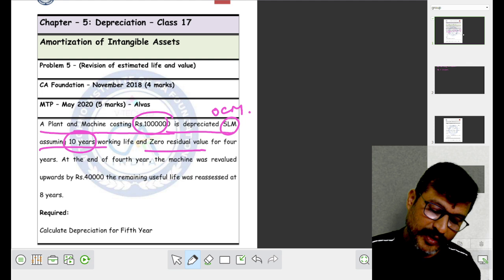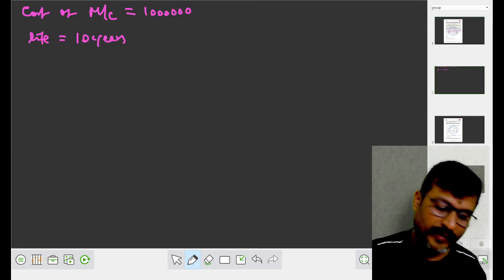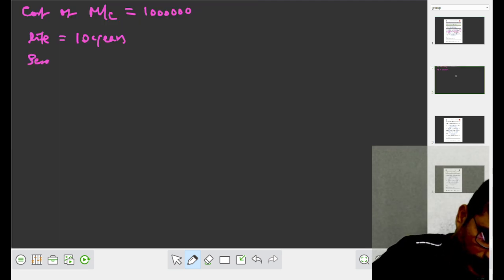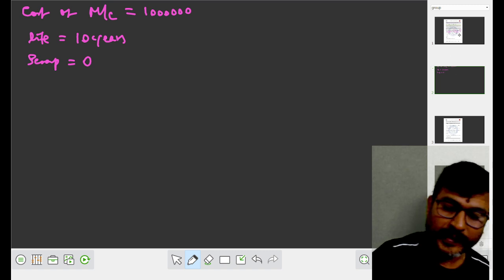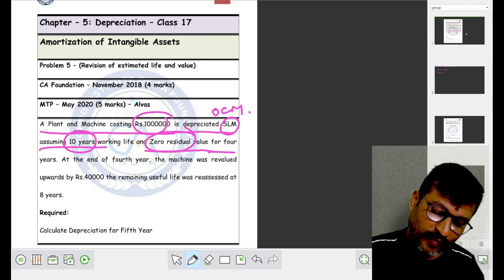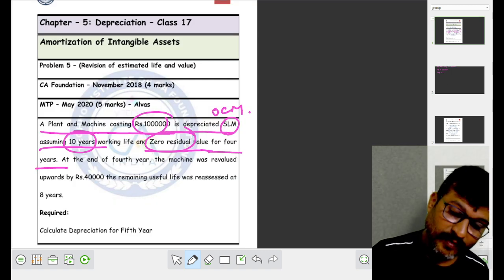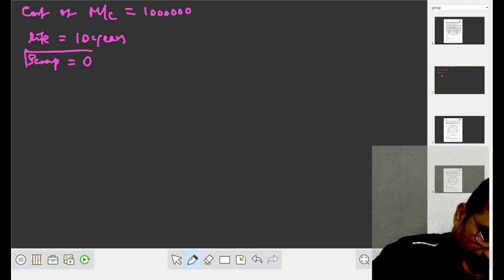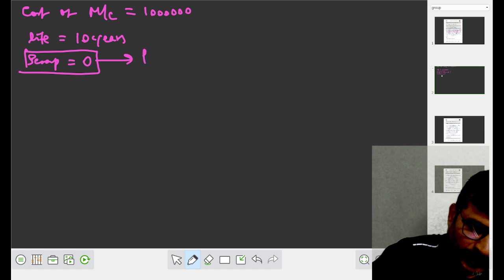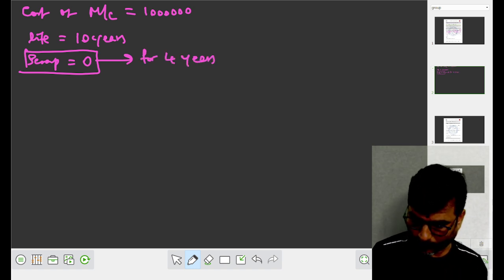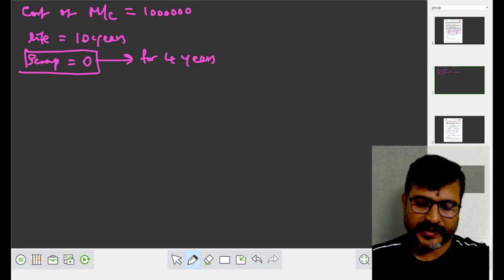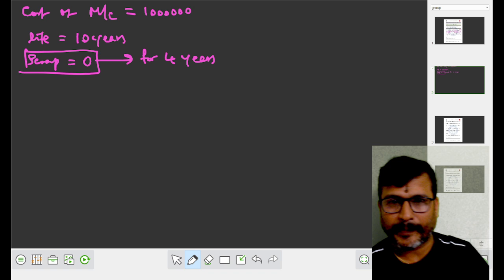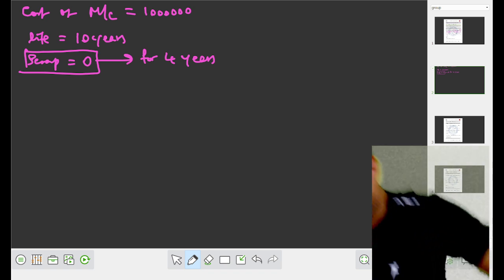With a zero residual value. What do you mean by residual value? Scrap. Scrap is how much? 0. Scrap value is 0. Just wait a minute. I come back. Just a minute.